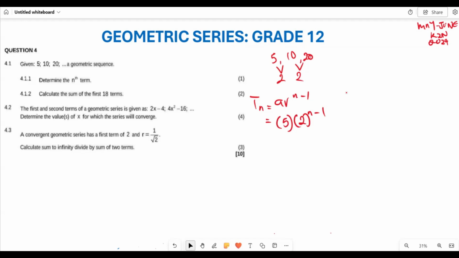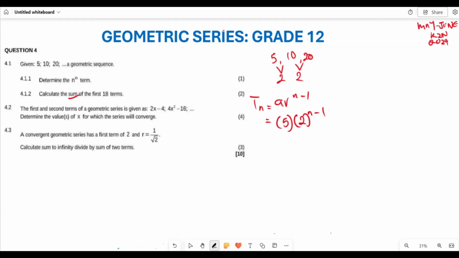Now, they want us to find out what is going to be the sum of the first 18 terms, right? So for us to find out, first the sum formula, remember in our geometric series, we have two sum formulas. We have the one for a convergent series and also your divergent series.